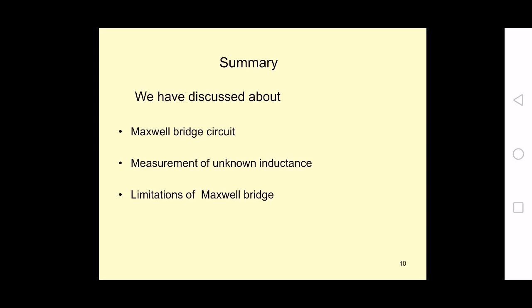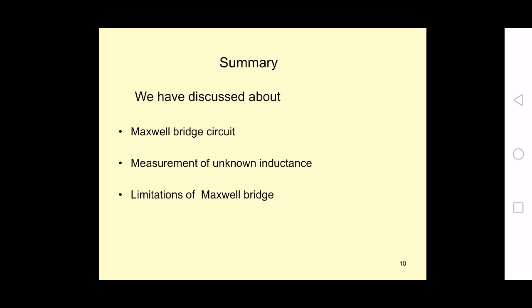So we can have some simple problems. Suppose in a Maxwell bridge C1 is 0.01 microfarads, R1 is 470 kilo ohms, R2 is 5.1 kilo ohms, R3 is 100 kilo ohms. Then find the series equivalent of the unknown impedance.